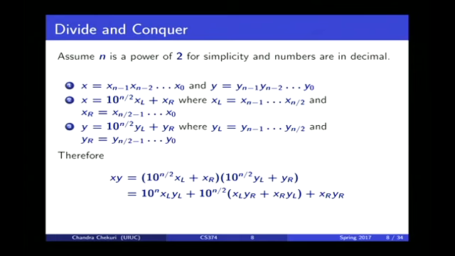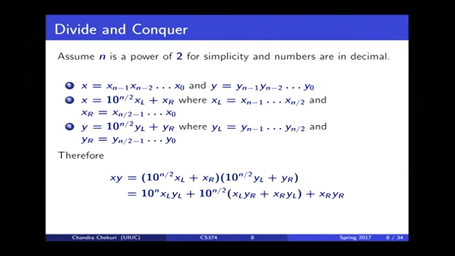So look at the formula. If I did this, what is the product? 10 to the n times xl yl plus 10 to the n over 2 times xl yr plus xr yl, plus xr yr. That's it, right? We are multiplying two n over 2 digit numbers each time.